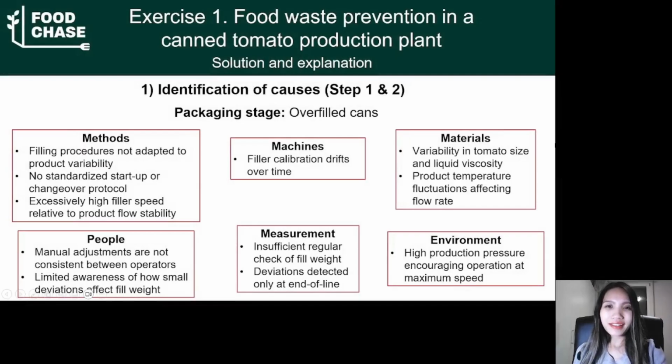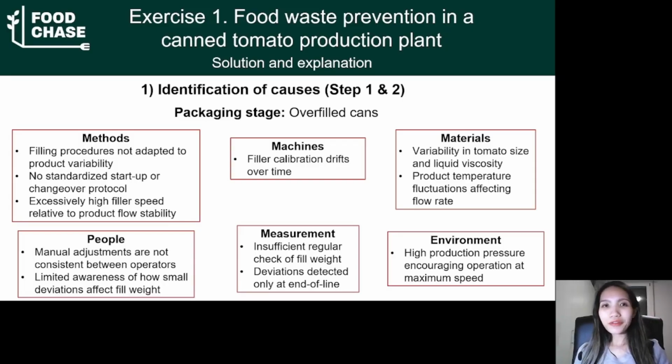Let's solve this exercise together. We start with the first step, which is the identification of causes. Here you can apply the first and the second step in the suggested procedure. The first loss is overfilled cans.